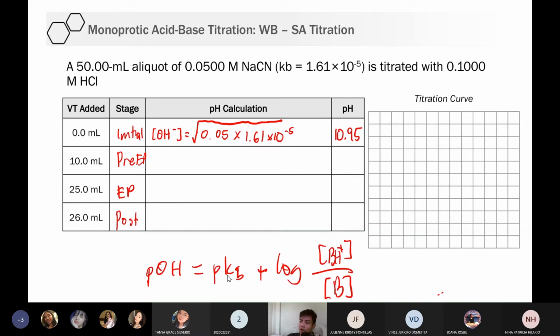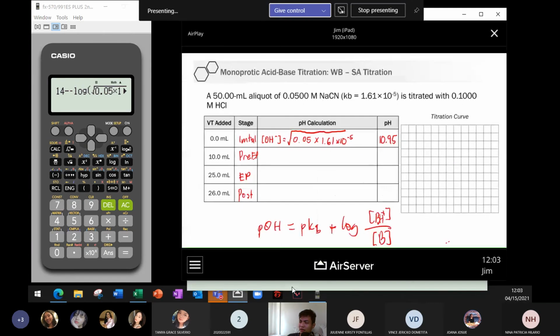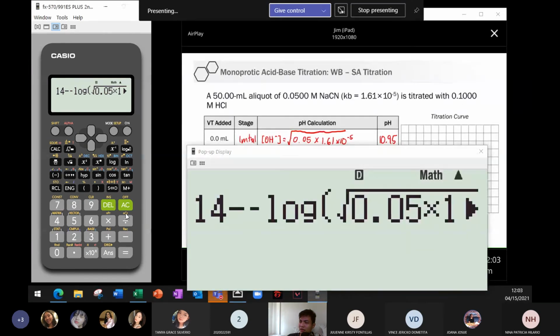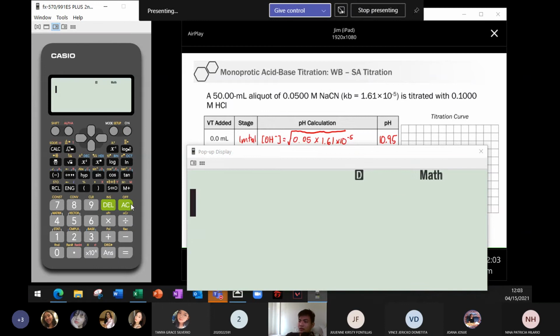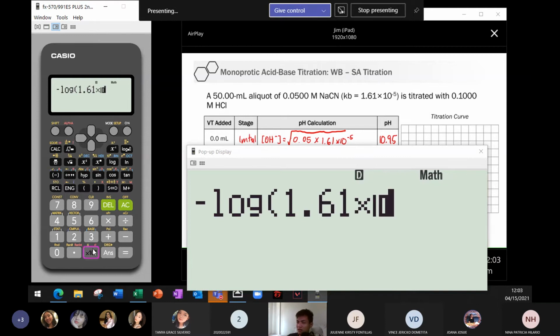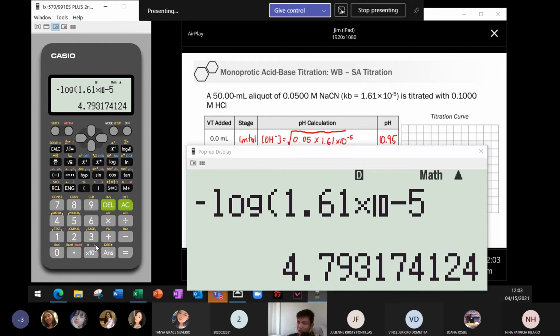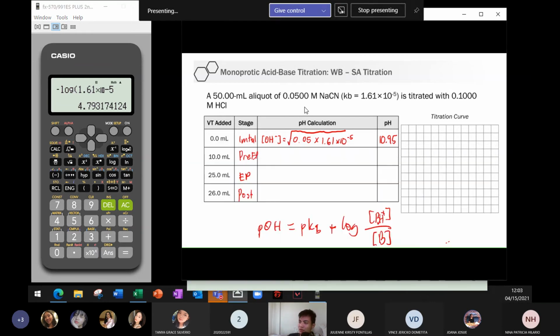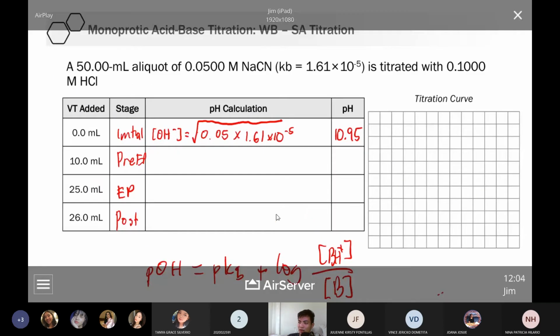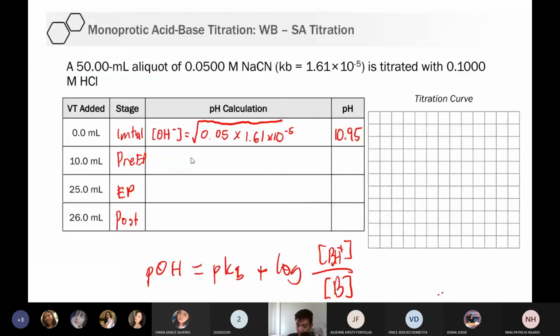Okay. pKB, negative log nyo na lang yun. Negative log na natin. Negative log ng 1.61 times 10 raised to negative 5. 4.79 na lang. Iyan mo na yung ibang decimal. So, pKB is 4.79, sabi ng calcu.